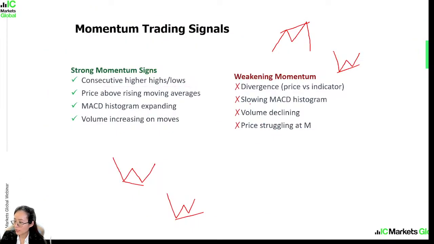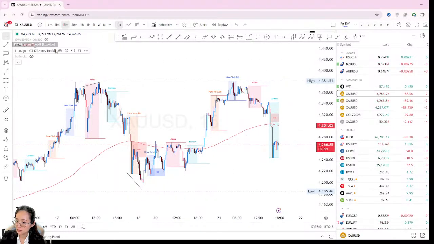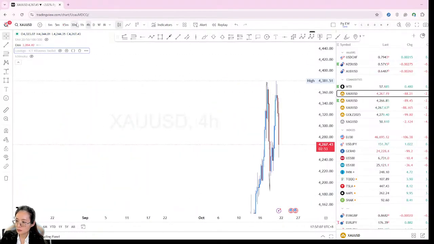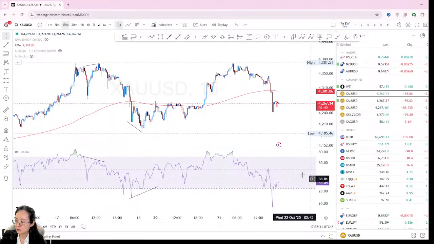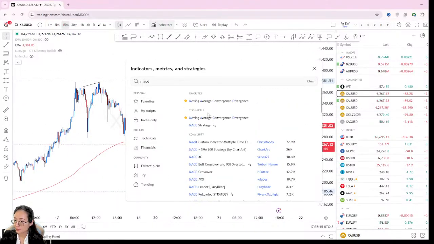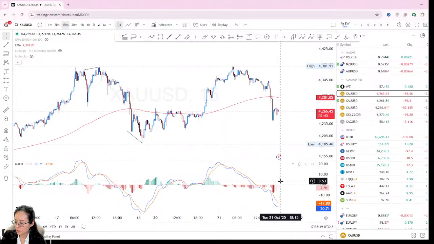And slowing MACD histogram. Let me go to H4, or maybe go to the M15, and then I pull out the MACD. I'm going to delete this one. Okay, here, right?